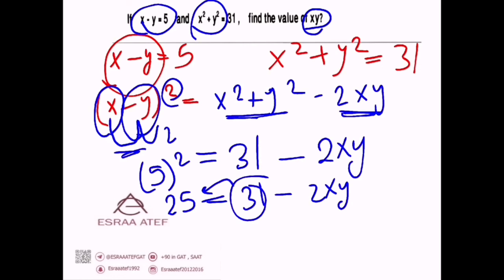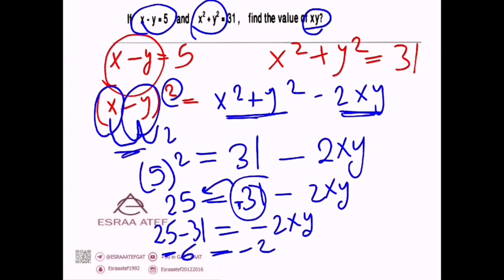Here it's positive, so we put it on the other side and it will be negative. So 25 minus 31 equals negative 2xy. 25 minus 31 is negative 6, equals negative 2xy. We will divide by negative 2 on both sides, so xy will be 3.